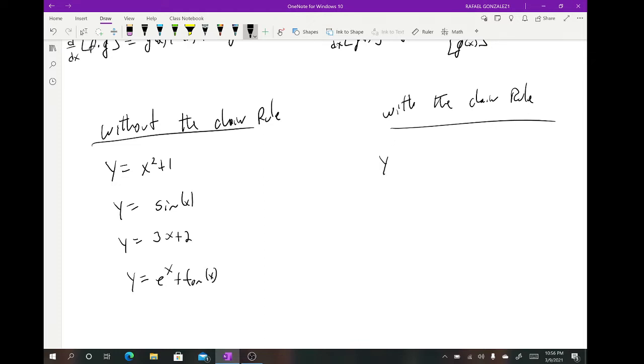However, if somebody comes up to you and gives you the square root of x squared plus 1, you cannot solve this without using the chain rule. Or y equals sine of 6x, for example. You cannot find the derivative of that without using the chain rule. Or let's say y equals (3x plus 2) to the power 5.